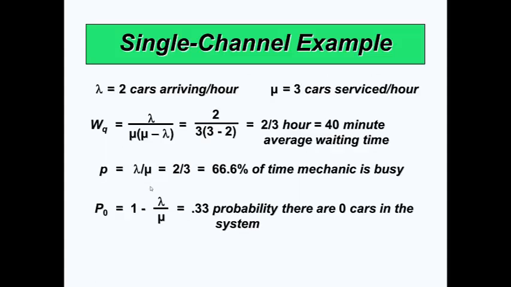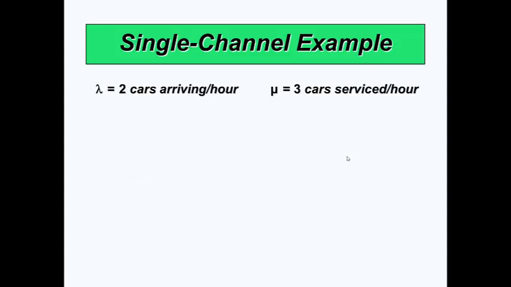So in this case, if you know that the customers are not willing to wait for more than 30 minutes on average, you know that you have a problem, because they're waiting for 40 minutes on average here. If you know that the customers in this situation are willing to wait for an hour or more, you have no problem. On average, they're waiting for 40 minutes, and they should be very happy with the service.